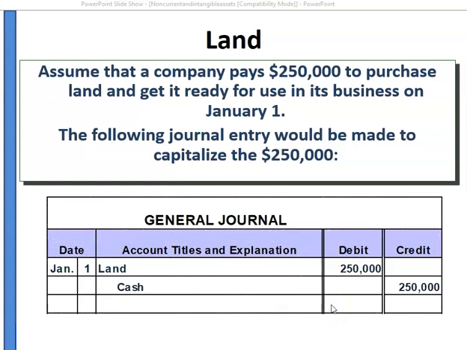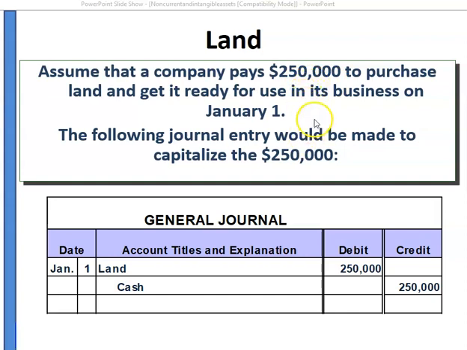Okay, so we just have a basic journal entry here. We have discussed the purchase of land. I believe it was way back when we were talking about the accounting equation. And this is another pretty good example. This is just a journal entry for a company that has purchased land for $250,000.